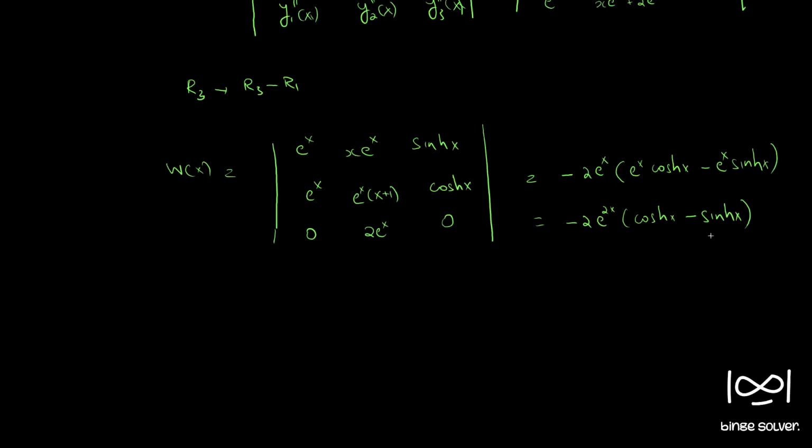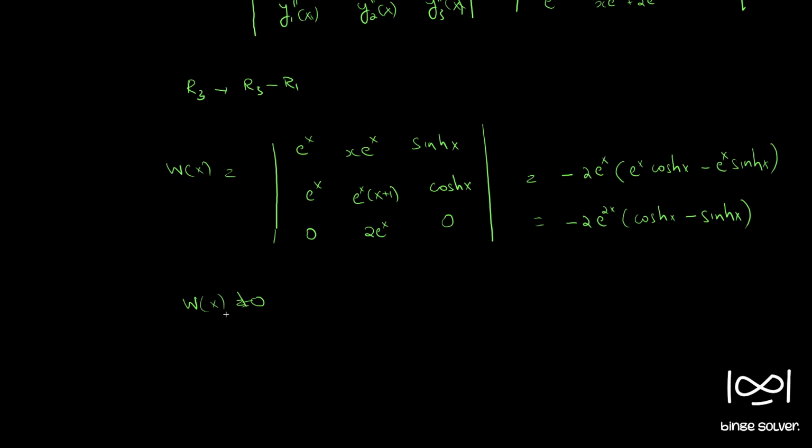So this is not equal to 0. W of x is not equal to 0 for all x, except when cos hx is equal to sin hx. Only for those values of x is W of x equal to 0.